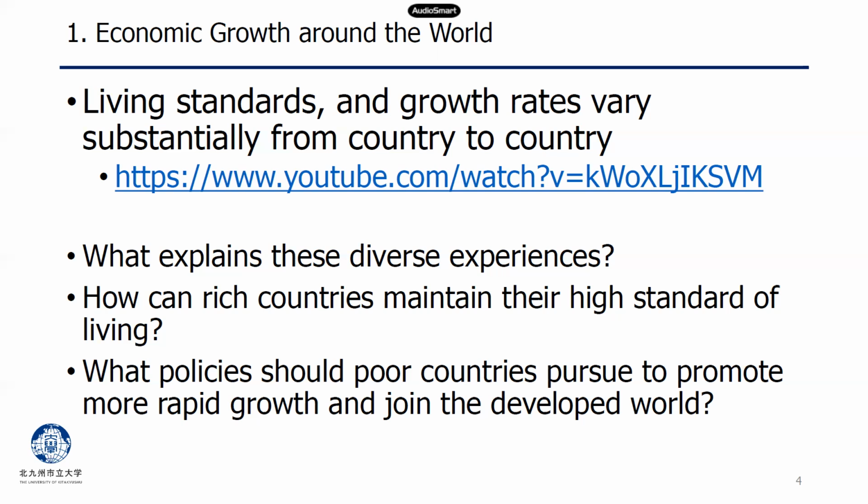There are many developing countries, especially in Africa, and like the UN or World Bank, they spend lots of money on those countries. They give out lots of money, but they are still poor. They didn't experience a big change. And what's happening there? What can we do? So we want to answer those questions. And that's the basics of development economics.